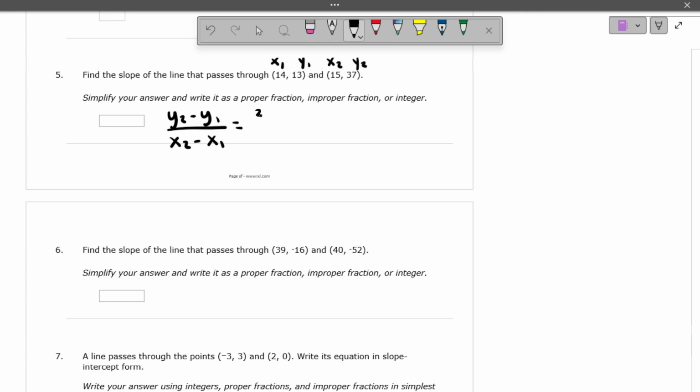So y2 is 37, y1 is 13, over, we have a 15 as our x2 and a 14 as our x1. So 37 minus 13 is going to be 24. 15 minus 14 is 1. So simplifying that, our slope will be 24.